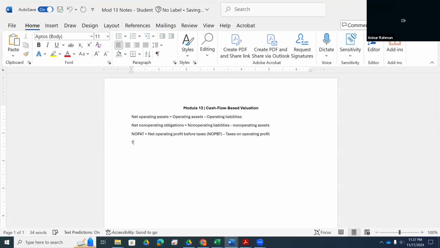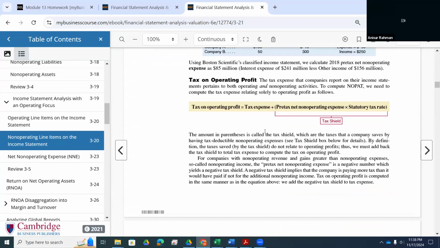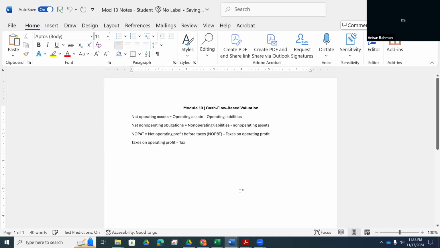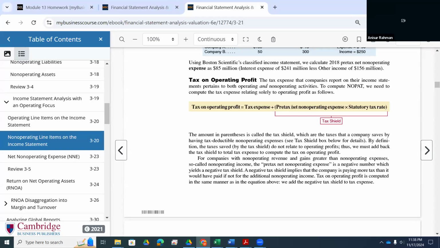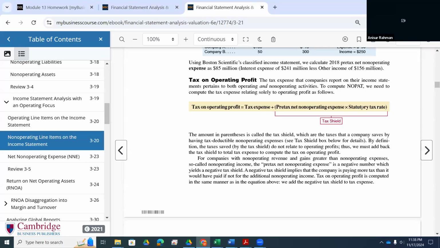Similarly, to calculate taxes on operating profit, we need tax expense plus pre-tax net non-operating expense multiplied by the statutory tax rate.